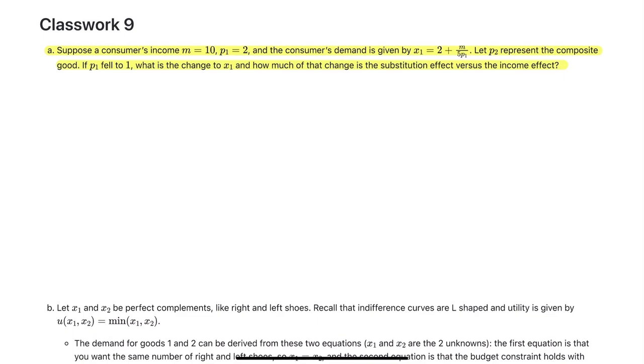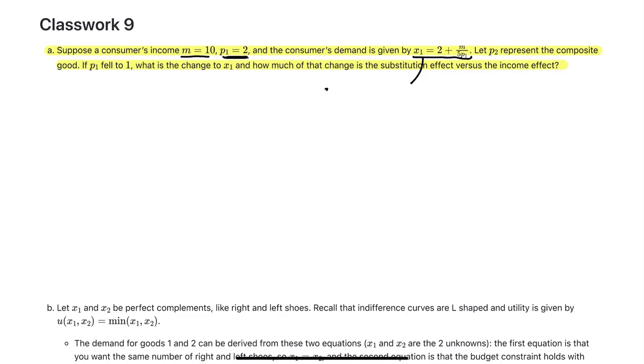So let's just start with what our demand is for this first set of prices. P1 is 2. And remember, the composite good is just your spending on all other goods. So our income was 10, P1 was 2, and so we can find what our consumption of good 1 will be by plugging into that formula.